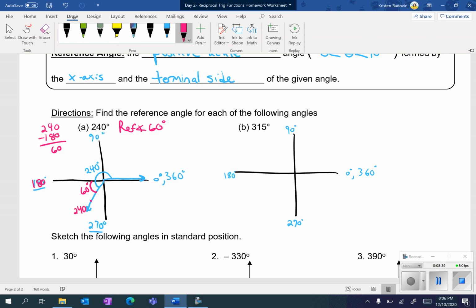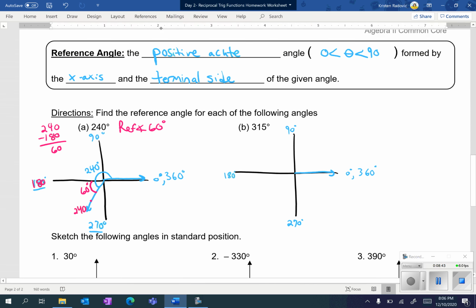So let's try the next one the same way. We're starting at our initial side. 315 is exactly in between 270 and 360. So this measurement is 315 degrees, which is far too large to work with.